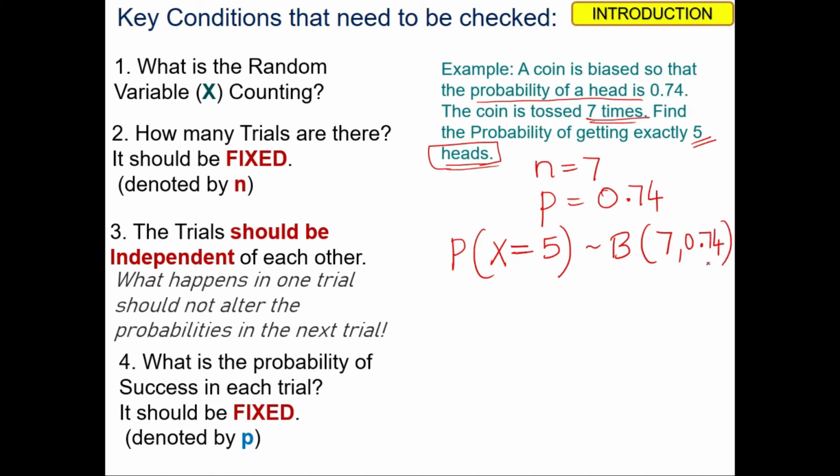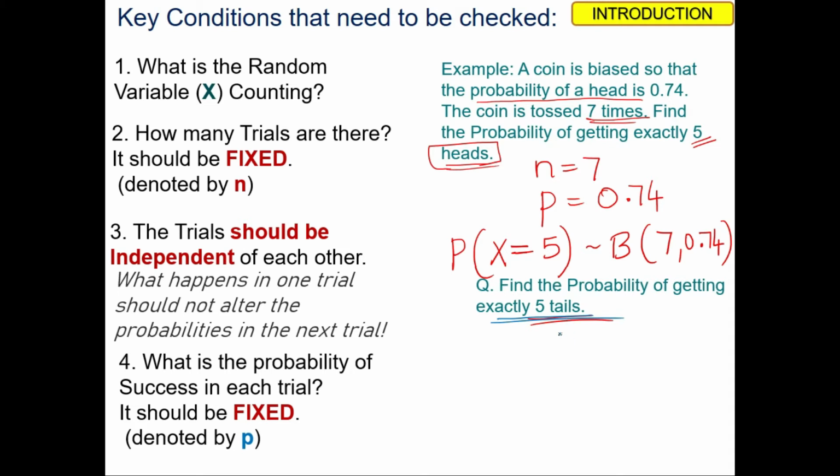Now, how are we going to use the GDC to find the probability for this data? Before that, there should be one more part that needs to be analyzed. What if the question is find the probability of getting exactly 5 tails? Now, in this case, the random variable is counting the number of tails that you get, and you want exactly 5 tails.